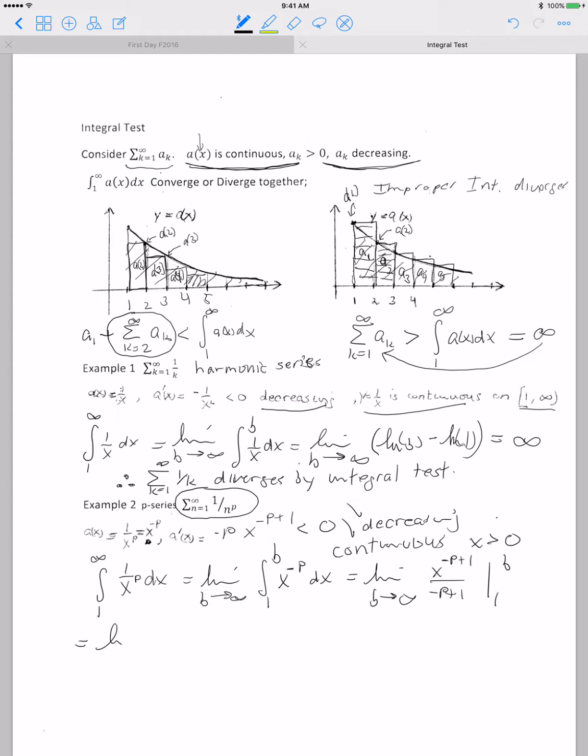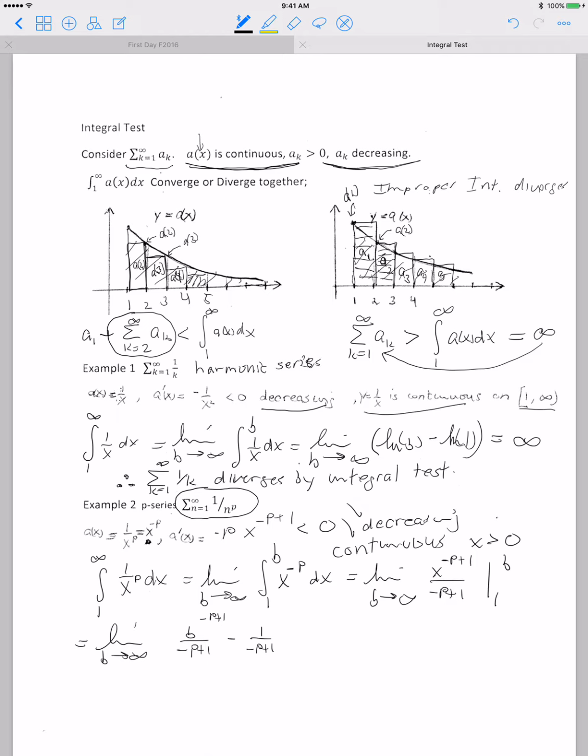Okay, so I need to explore this limit. If I substitute in the upper limit, I get b to the minus p plus 1 over minus p plus 1, minus 1 over minus p plus 1. So what does this limit do?